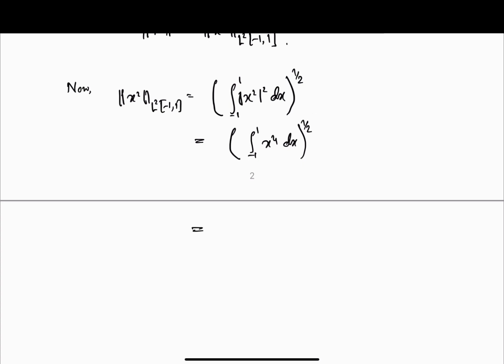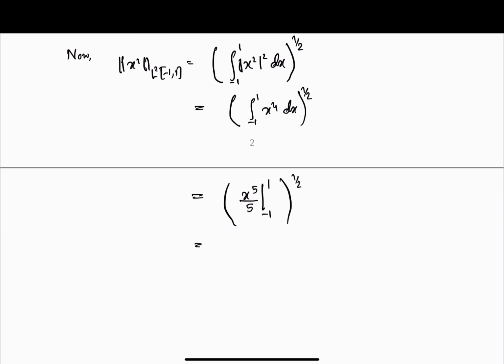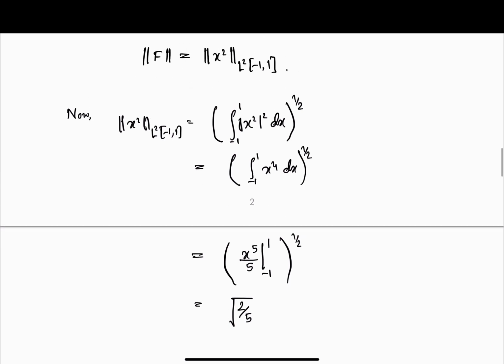The integration will be x to the power 5 by 5, from minus 1 to 1, to the power half. If you put in the values, it will be 2 by 5 under the square root. So the norm of x square is the square root of 2 by 5.